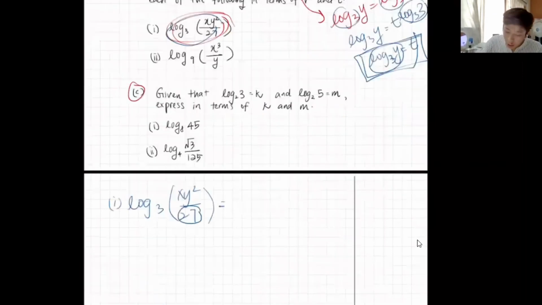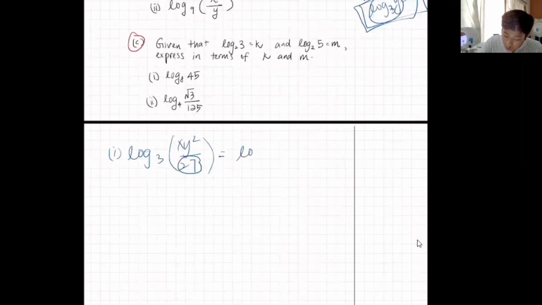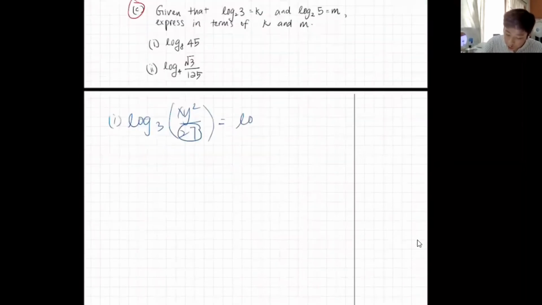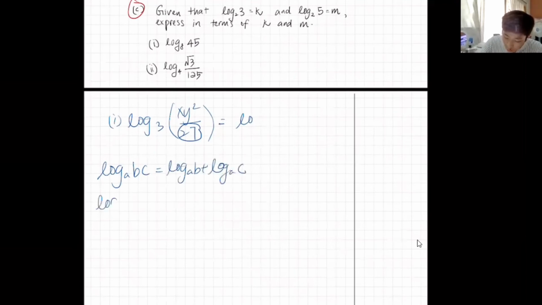According to the law of logarithm, log base a of bc, when they multiply each other, I can break it up to become log base a of b plus log base a of c. Similarly, if I have log base a of b over c, I can break it up to become log base a of b minus log base a of c.